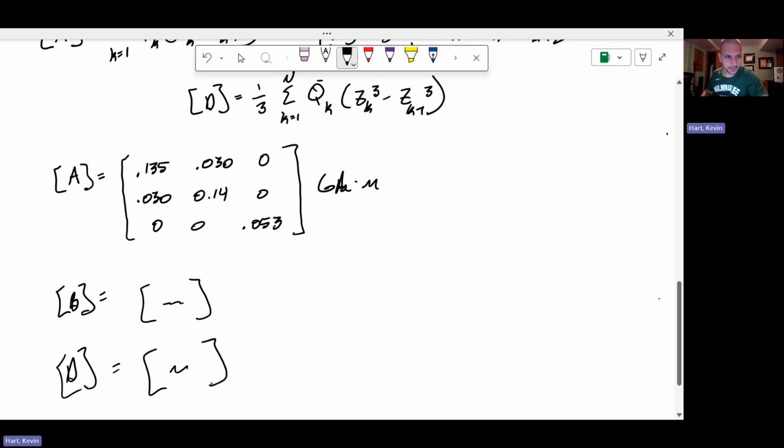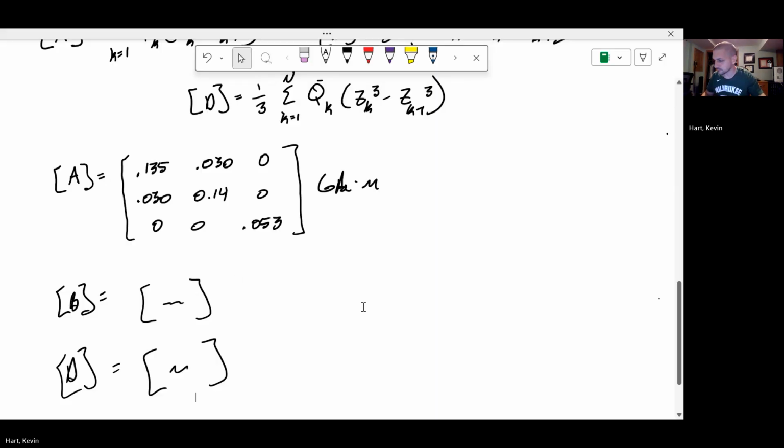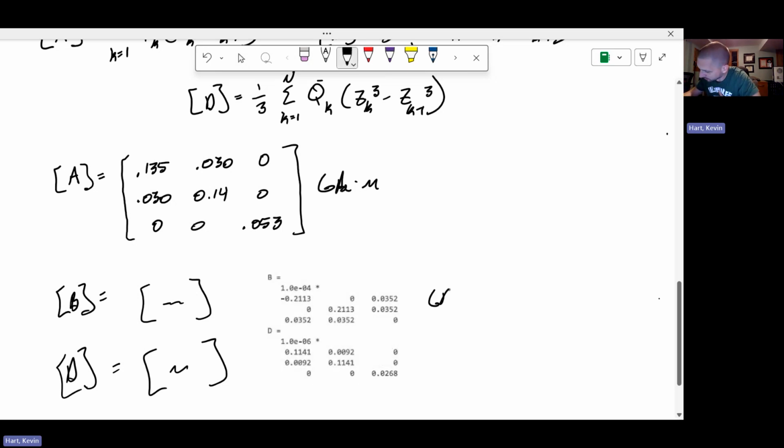I'll put them in here for you. If you want to work through those calculations, you can. This is what they end up being computationally. And these are units of GPA meters squared. This is GPA meters cubed. All right. So this is the B matrix and the D matrix.